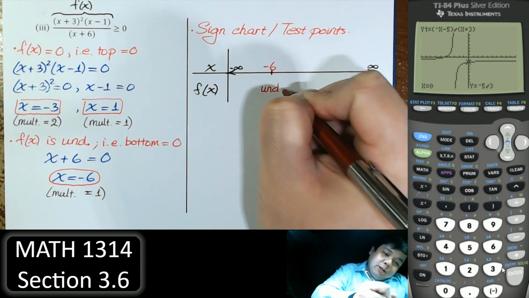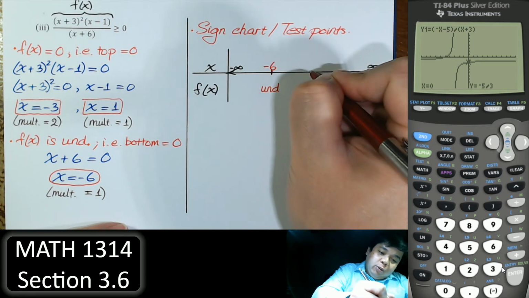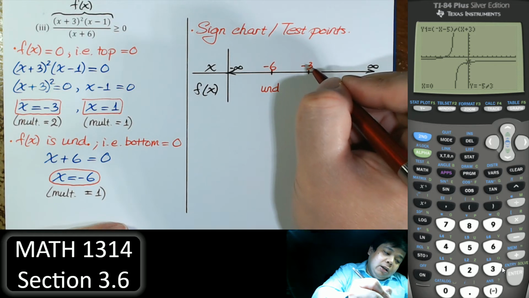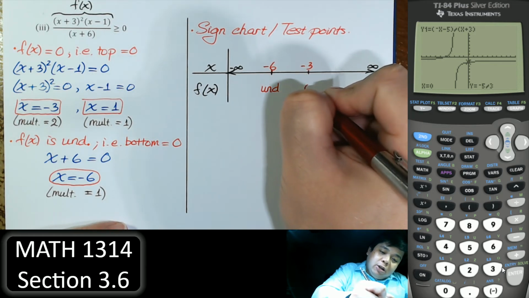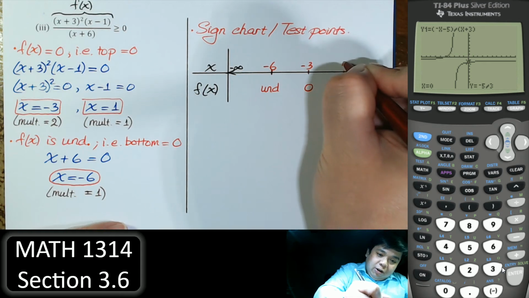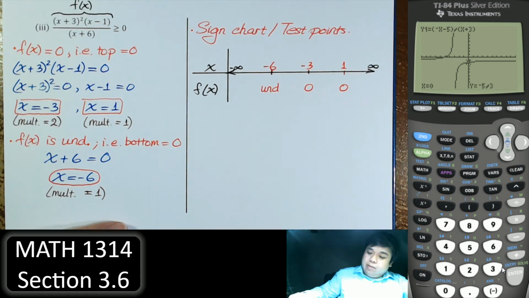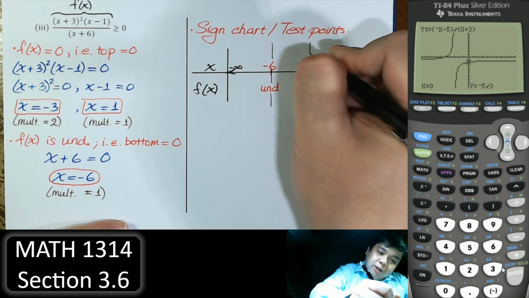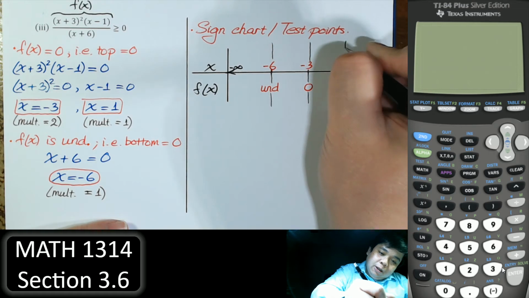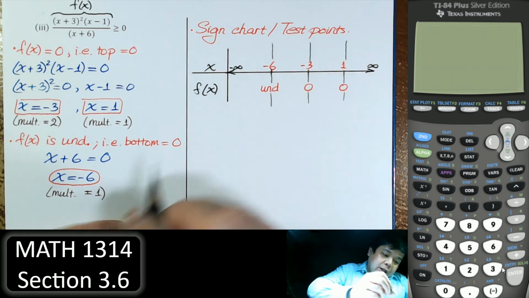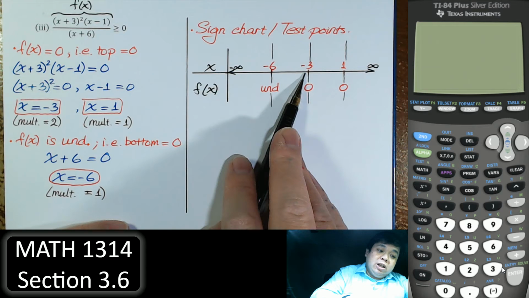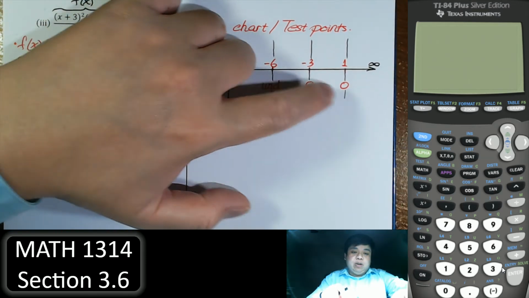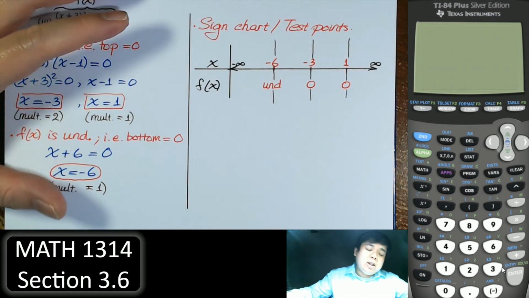At -3 the function is equal to 0, and at 1 the function is equal to 0, right? So -3 is even multiplicity, so the sign will not change when we go from here to there.